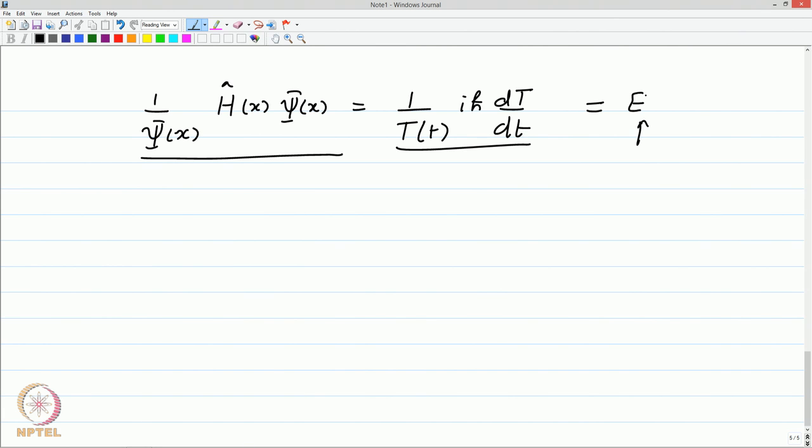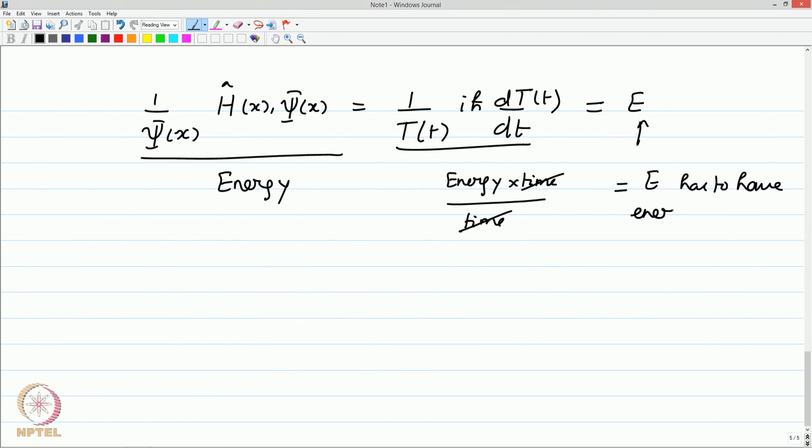Now, what is the dimension of this constant? Please remember, whatever is the dimension of the wave function is cancelled by the dimension of this wave function. So, here it is a dimension of energy. ħ is energy times time divided by 2π, and the derivative d/dt is 1 by time, and the dimension of t is cancelled by this T(t). Therefore, on both sides you have energy as the dimensioned quantity, and therefore E has to have the dimension of energy.